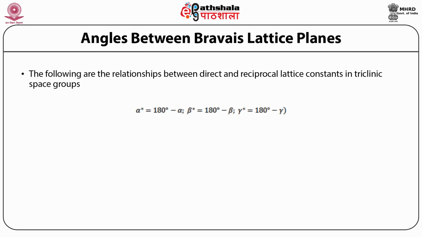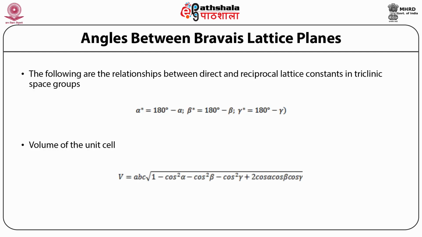Already we have seen that V is the volume of the unit cell, and if V star is the volume of the reciprocal unit cell, then V star equals 1 by V. This V is nothing but A times B times C times square root of 1 minus cos square alpha minus cos square beta minus cos square gamma plus 2 cos alpha cos beta cos gamma.